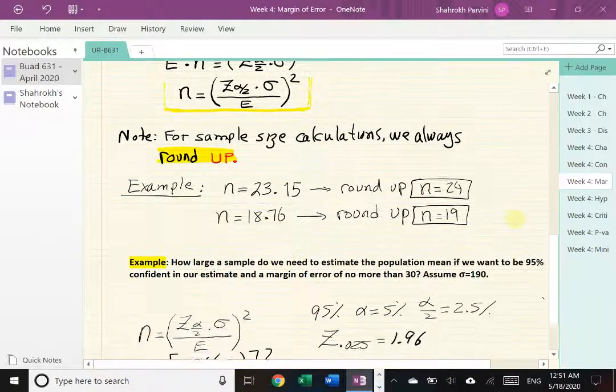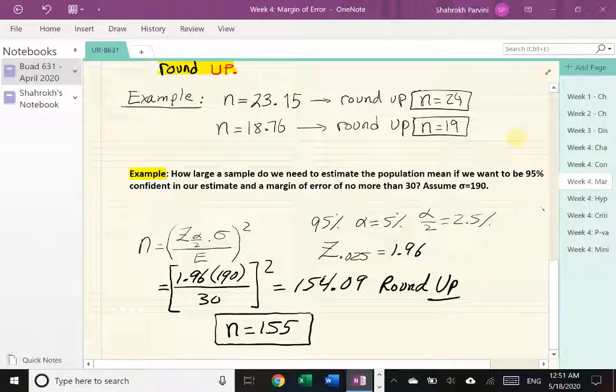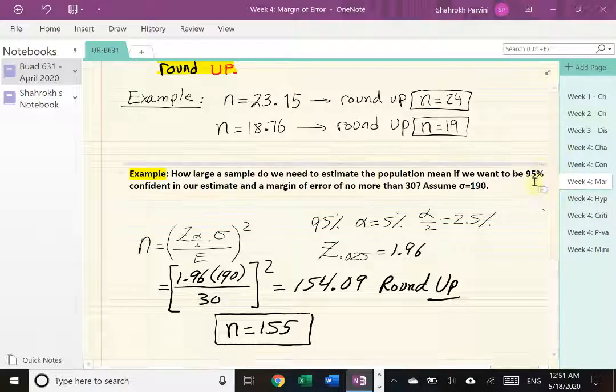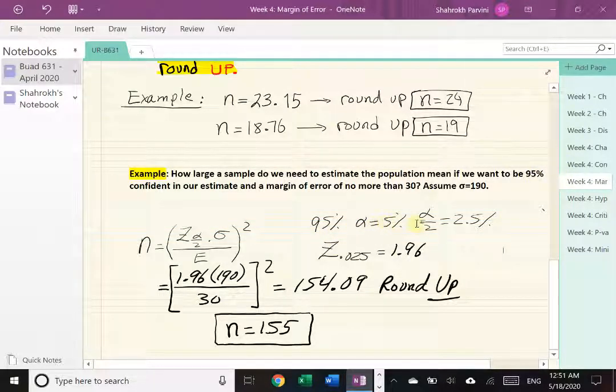So let's put the specifics into this. The confidence level is 95%, which means alpha is 5%, half of that is 2.5%. Remember, z of 0.025 is 1.96. I had that earlier in the previous lecture.